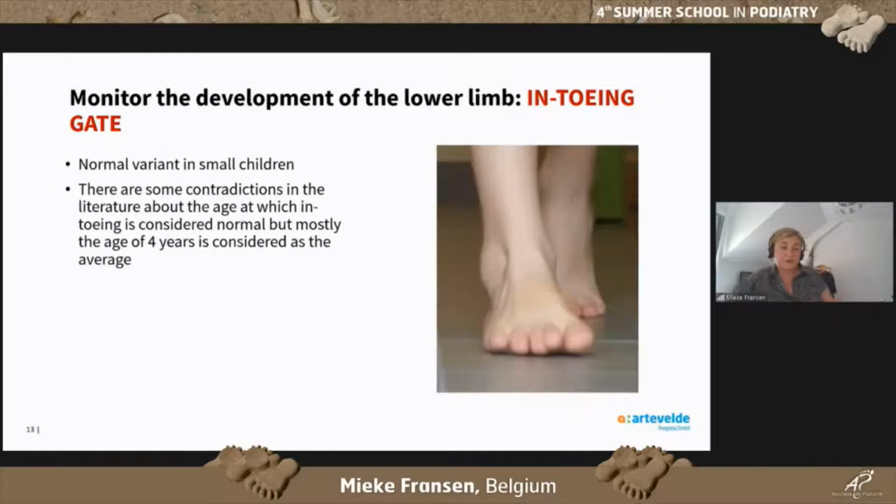This is considered a normal variant because not all children have it during their development, in comparison to the flexible flat foot, but it is described as normal until the age of 4 and when it's symmetrical. Asymmetrical variations are always described as a red flag in children, so that's very important to keep in mind.